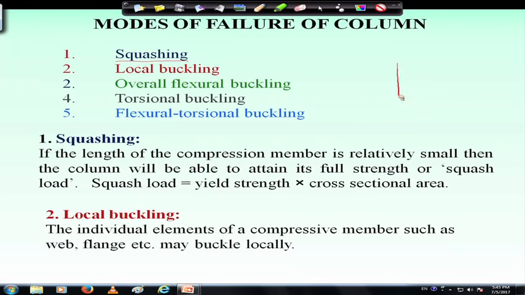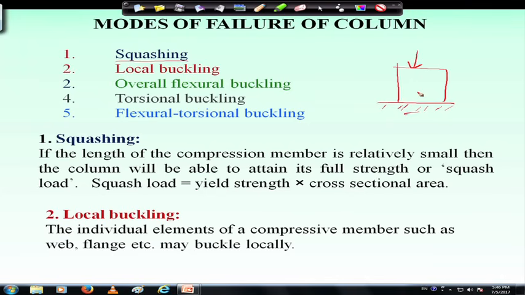For example, if a member is like this and takes a compression load, then crushing will mainly come into picture, and full strength will be attained at its yield strength.